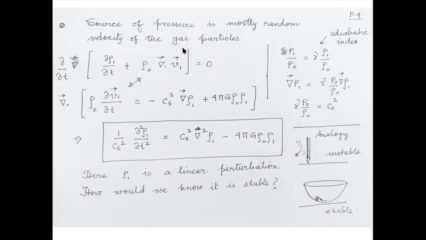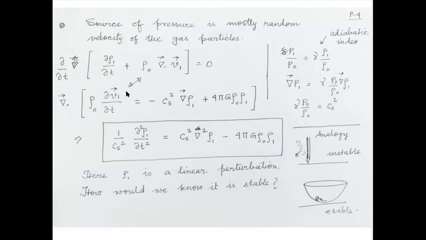Now I have these two equations, which I have written here, and this equation. What I do is I take a del t of this equation and I take a divergence of this equation. Once I do that, I realize that this term, del t of rho 0 divergence of V1, is exactly the same as this term.